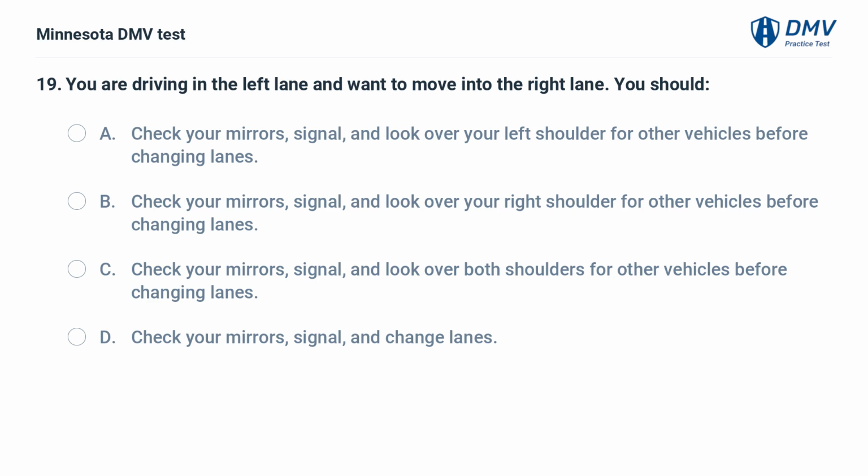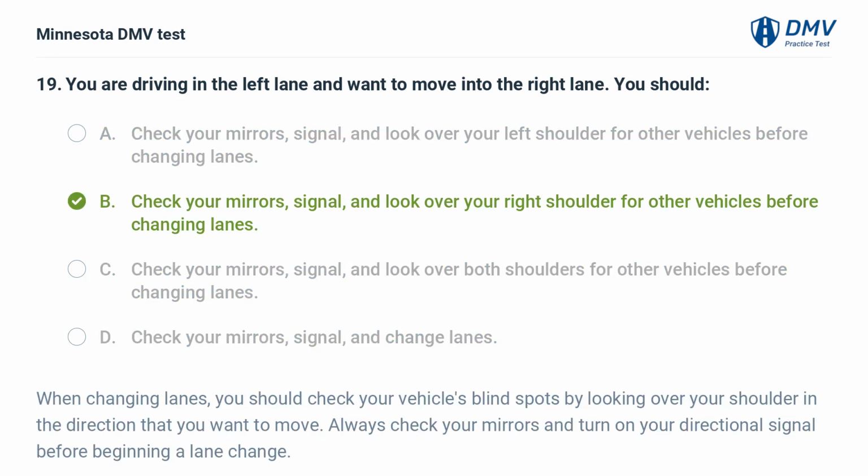D. Check your mirrors, signal, and change lanes. B. Check your mirrors, signal, and look over your right shoulder for other vehicles before changing lanes. When changing lanes, you should check your vehicle's blind spots by looking over your shoulder in the direction that you want to move. Always check your mirrors and turn on your directional signal before beginning a lane change.